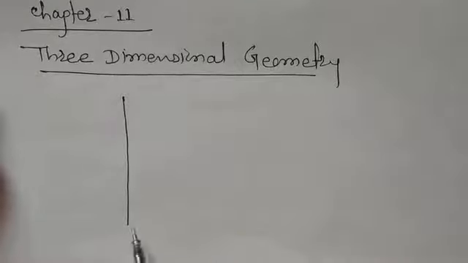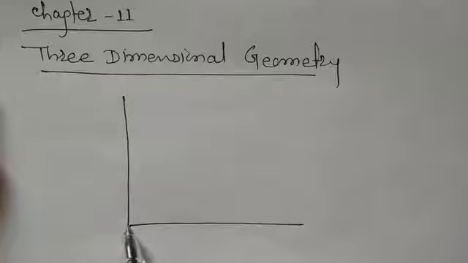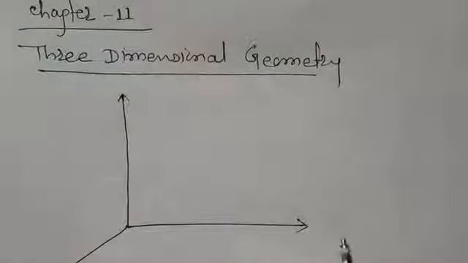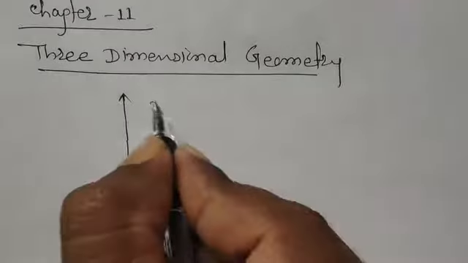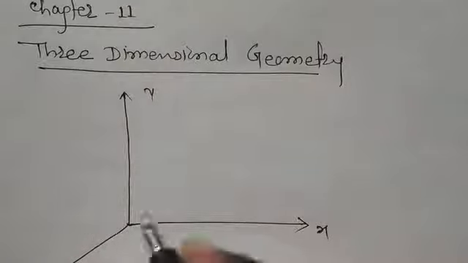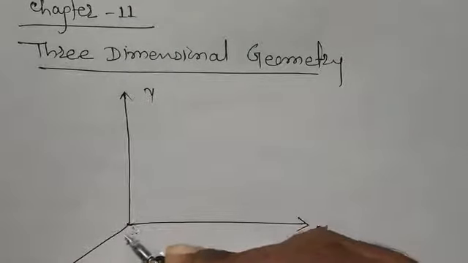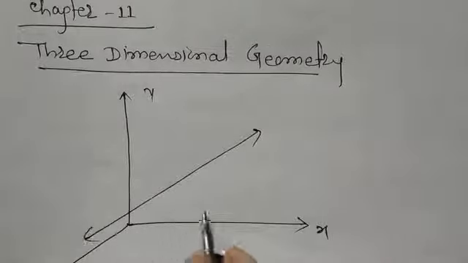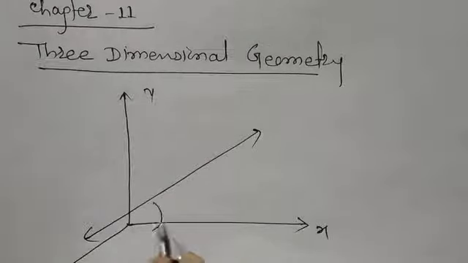As we know, this is a 3-dimensional plane. That is 3 axes, x axis, y axis, and suppose this is the z axis. Then any line which can be on the plane makes an angle with the x axis, that is alpha, with the y axis, that is beta, and with the z axis, that is gamma.